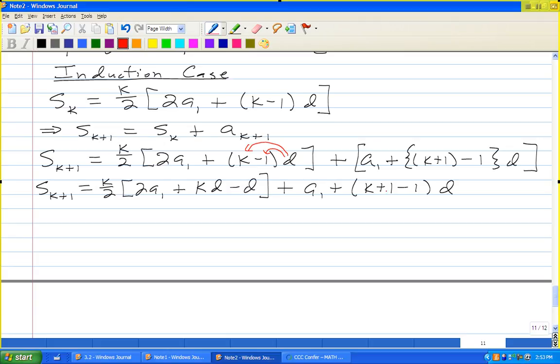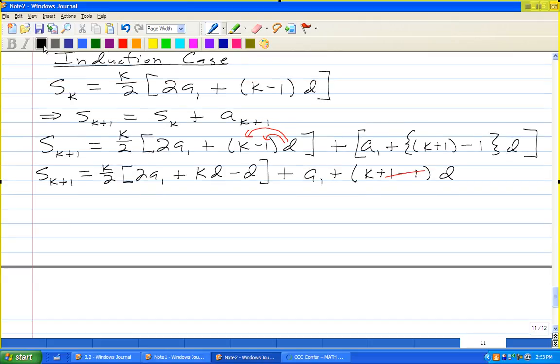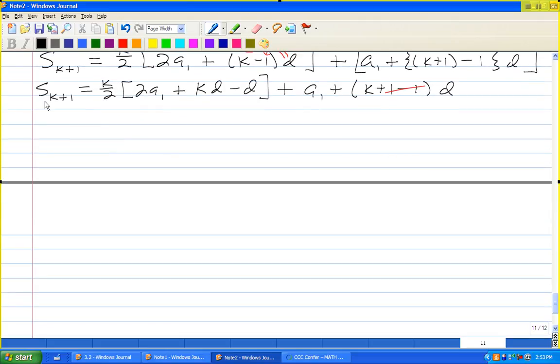The k's will cancel. So I have S sub k plus 1 equals k over 2 times 2a1.